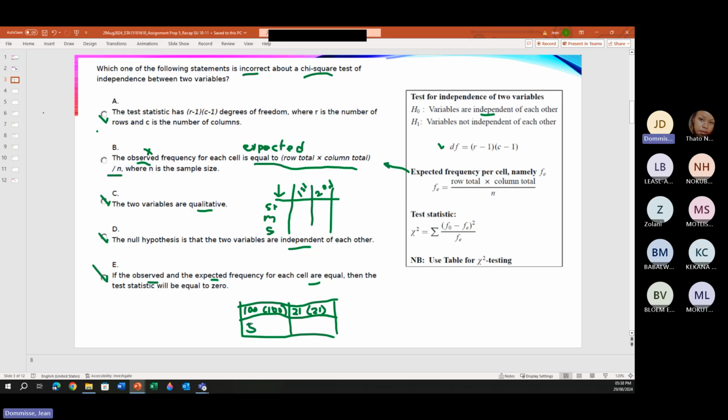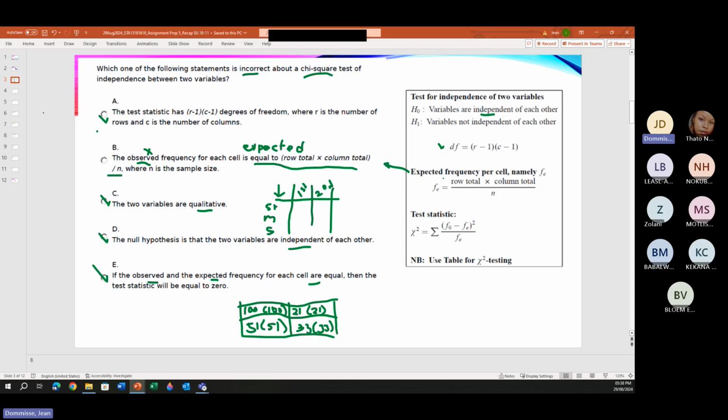We can even make up numbers, but let's just make sure they are equal. If we read that again, if the observed and the expected frequency for each cell are equal, they don't need to be all four the same number. Those two just need to be equal, the observed and the expected.